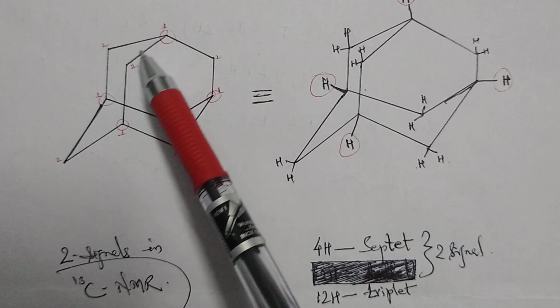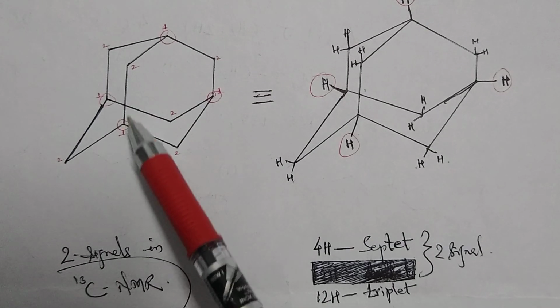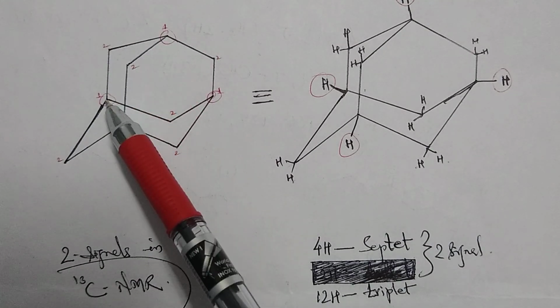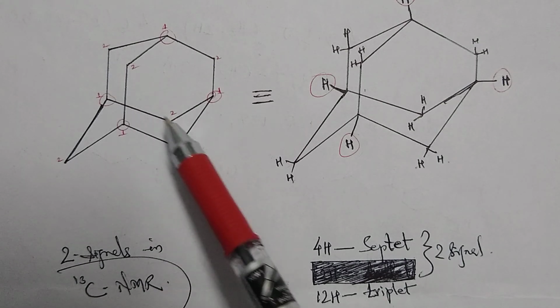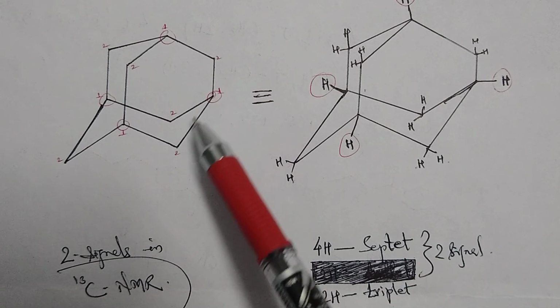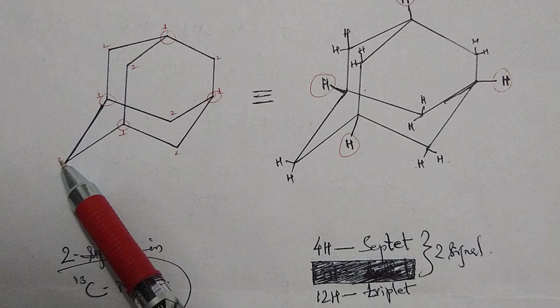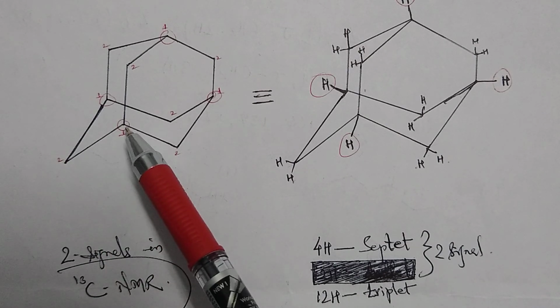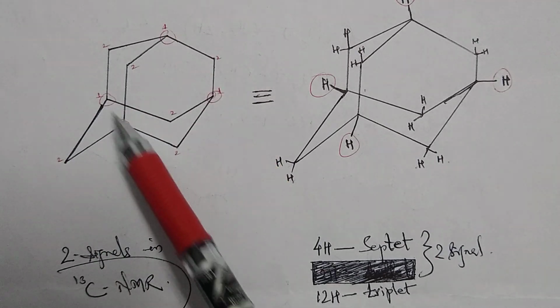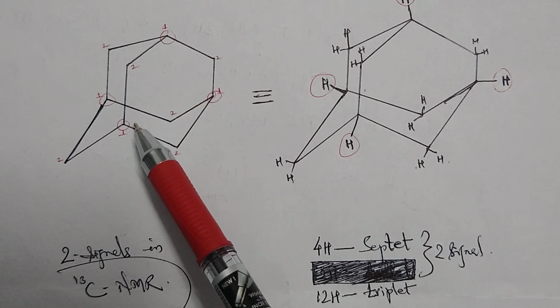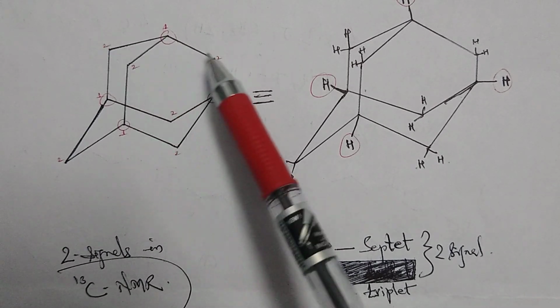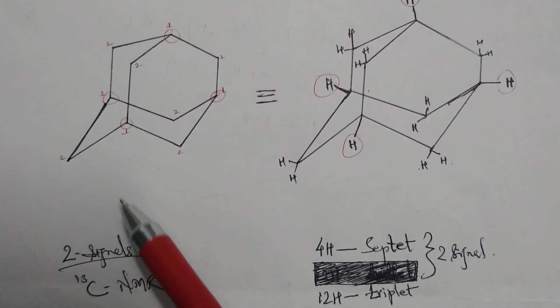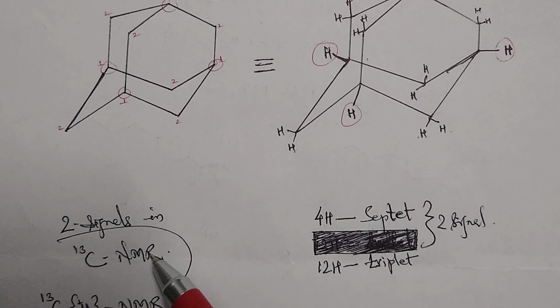Similarly here also this is directly attached to 2 bridgehead carbons. Here also it is directly linked with 2 bridgehead carbons. For this carbon over here, it is also directly linked with 2 bridgehead carbons. If you see, everywhere it is in the same environment. So the 4 bridgehead carbons are of the same type, and the others are of another kind, so we'll get 2 signals in the 13C NMR.